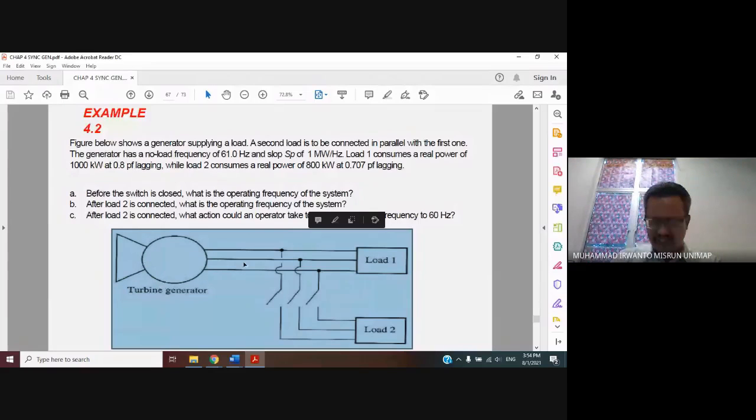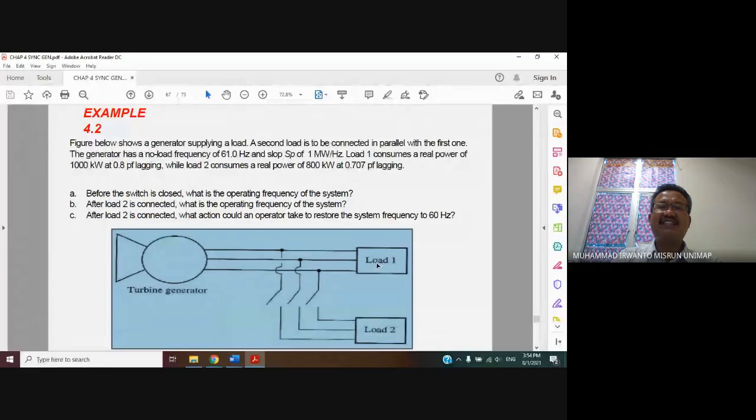After that, load 1 and load 2 are supplied together in terms of the energy by this generator. So we want to know the condition first, before the switch is closed. Maknanya sebelum generator ini mensupply load 2, load 1 dia sudah supply.